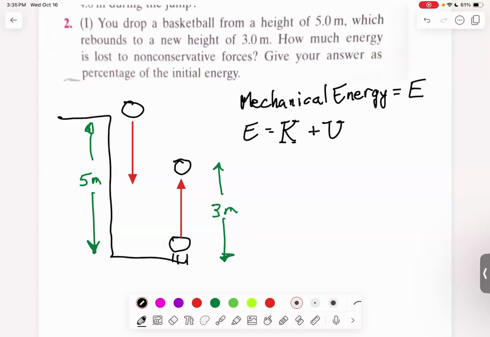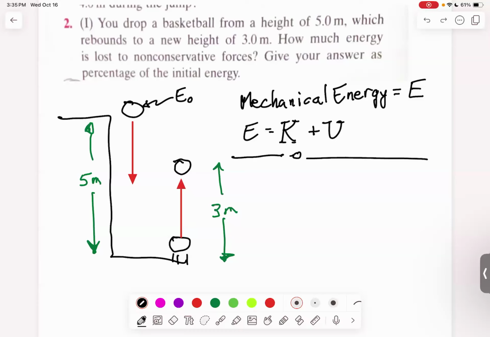So for us, we're going to have some initial energy of the system right here. We'll call it E naught. And remember, the object, before I release it from my hand, has no initial velocity. All I'm doing is simply releasing it with no initial velocity.